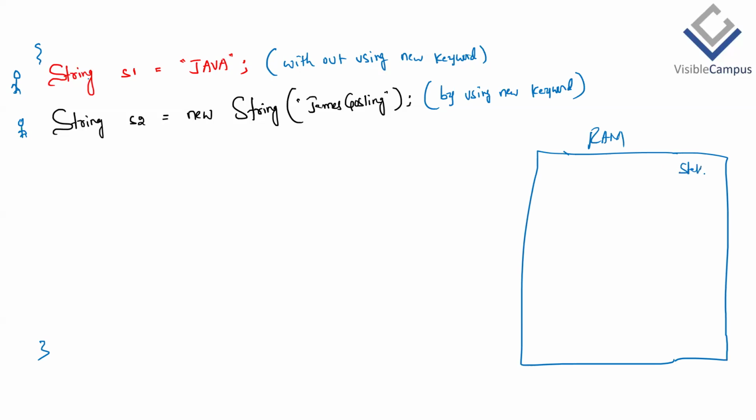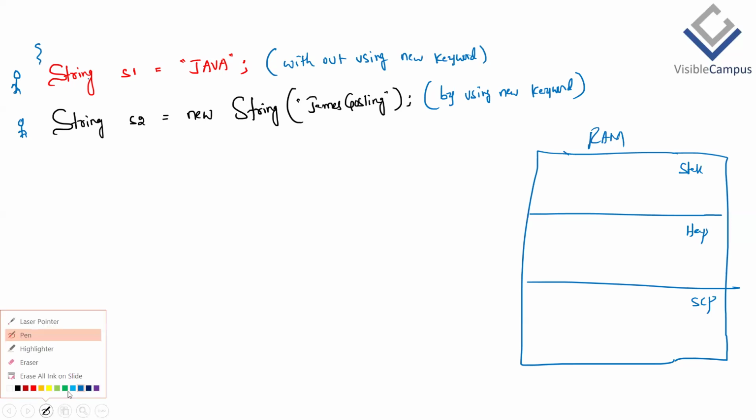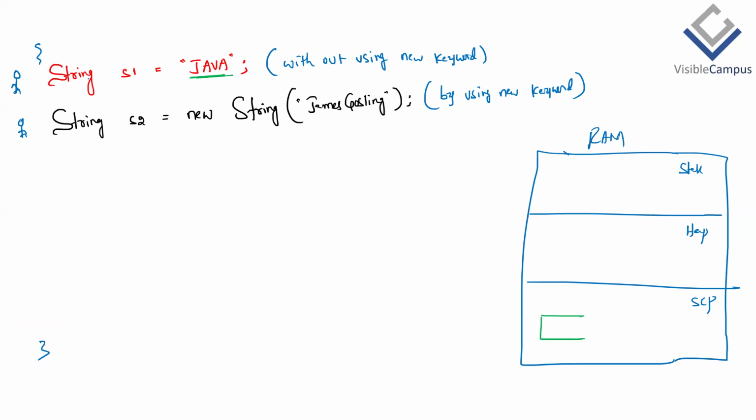One is a stack, one is a heap memory, and one more is the string constant pool. These three only I'm taking for the discussion. The remaining two I'm not taking. With the first approach, this string object will be created inside the string constant pool. So first this object will be created in the string constant pool with a value called Java.